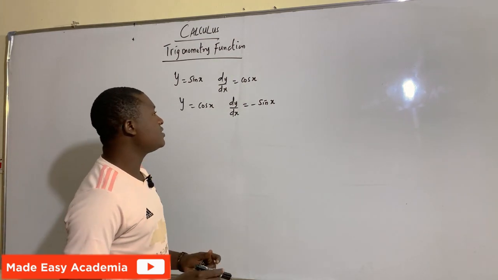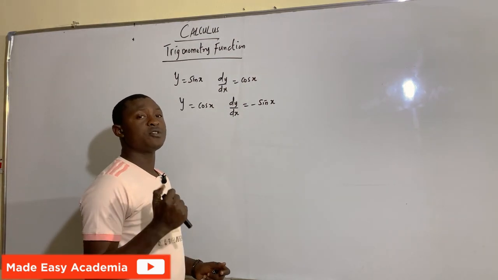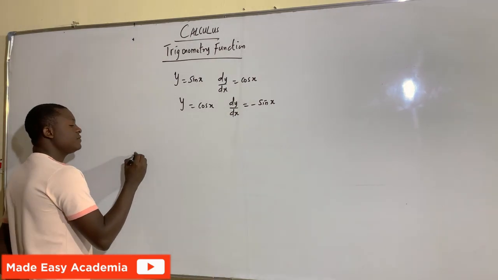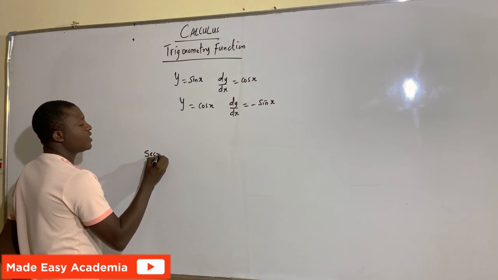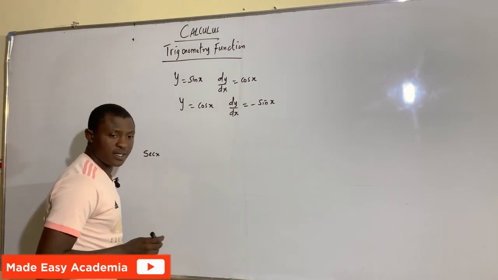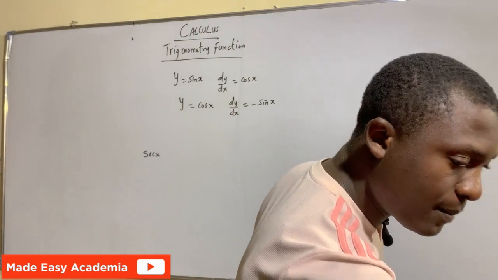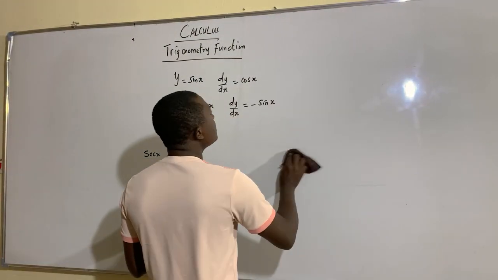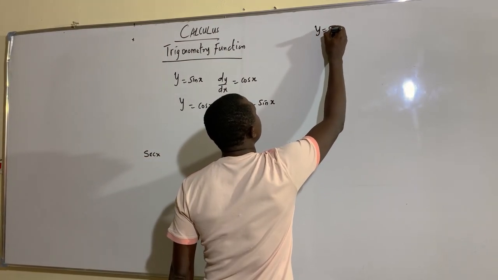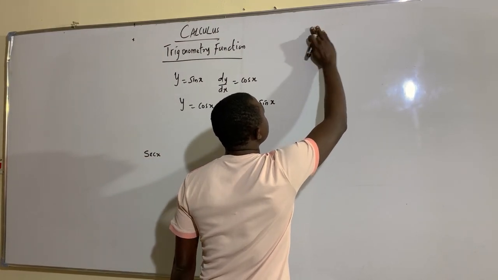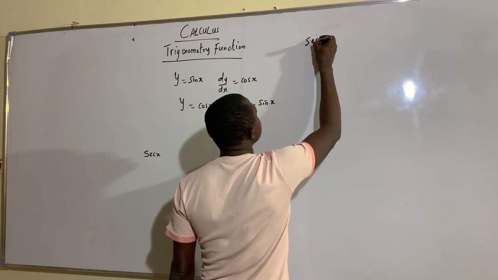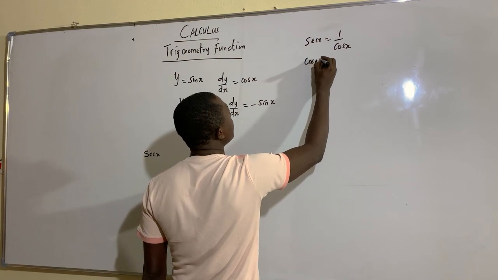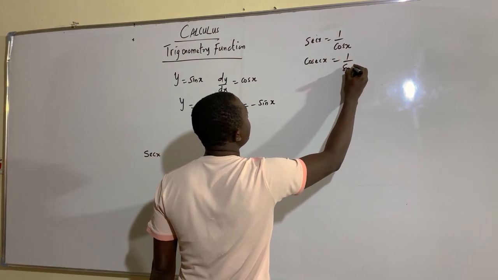Before that, there's an identity. In case you missed our previous video concerning trigonometry, we talked about some identities like that. Let me write them here because we need them. Whenever we have sec x, that is nothing but 1 over cos x, and whenever we have cosec x, that is nothing but 1 over sin x.